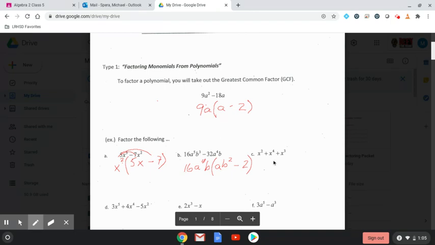Look at the next problem. x squared, x to the 4th, x cubed. Well, what we can notice here is they all have just the coefficient 1, but each one of them is obviously an x. The smallest amount is x squared. So if I take out an x squared, what would be left?